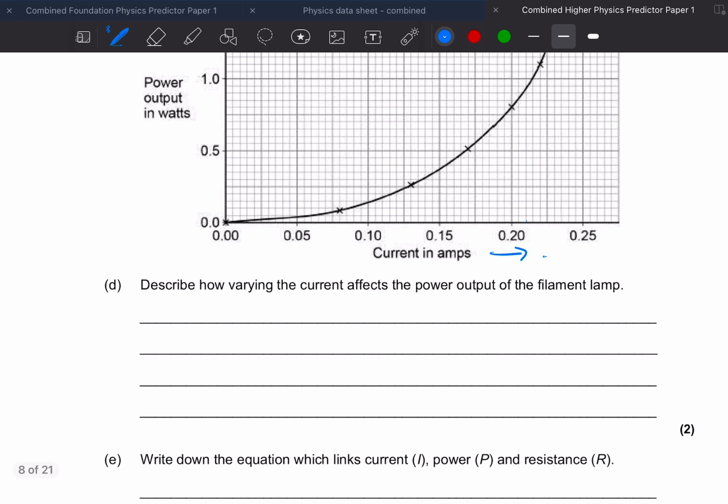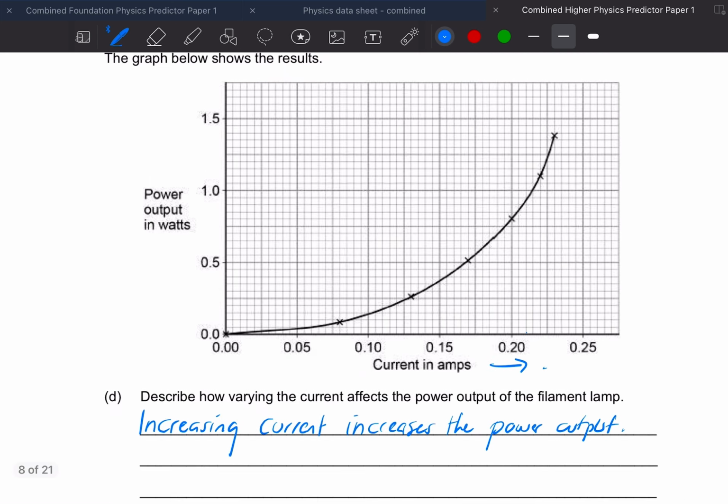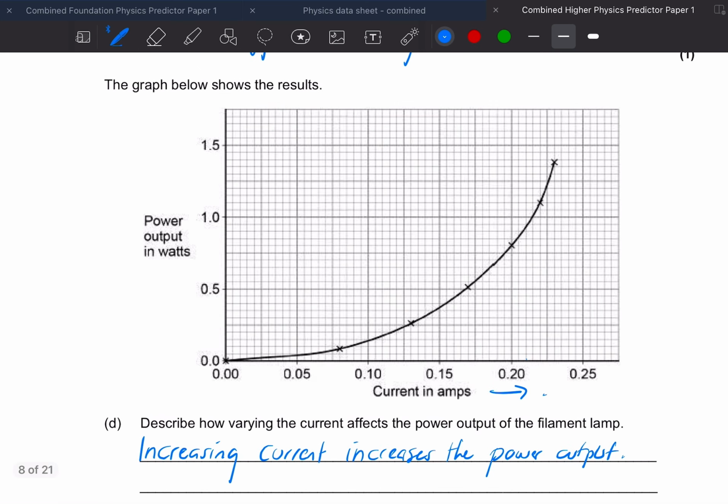So we can see that increasing current increases the power. As the current goes across, the power is going up.